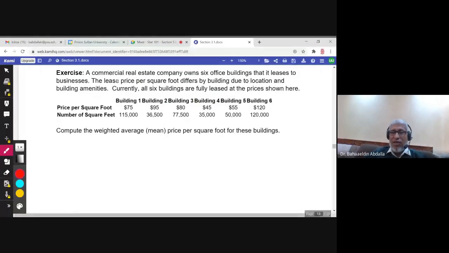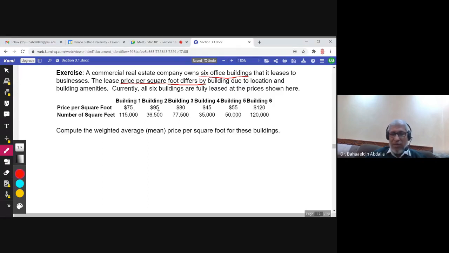Okay, the last example today, also about weighted mean. A commercial real estate company owns 6 office buildings that it leases to businesses. The lease price per square foot differs by building due to location and building amenities. So the price differs from building to building. The price per square foot of building 1 is $75.